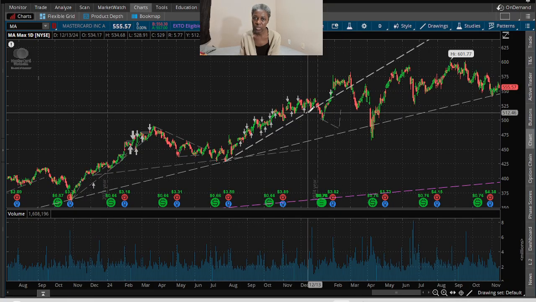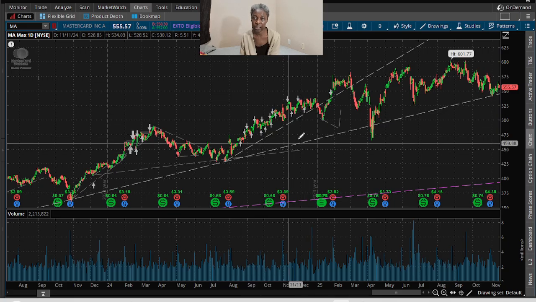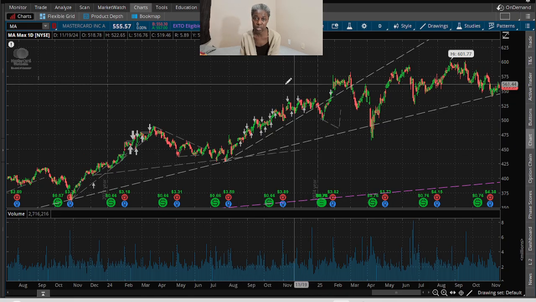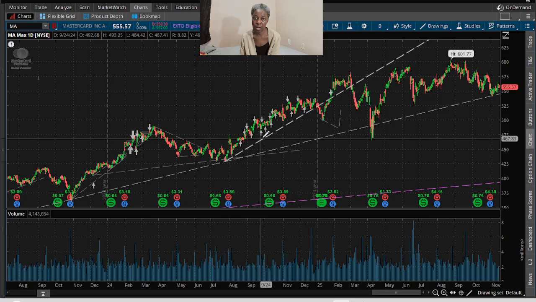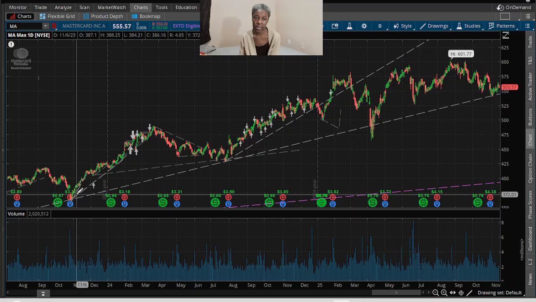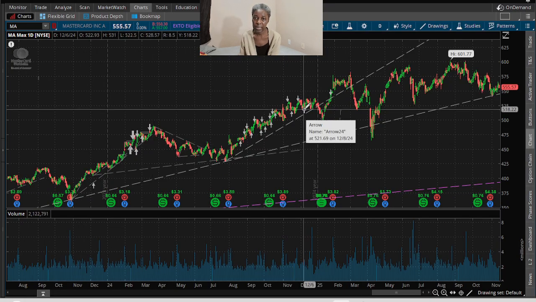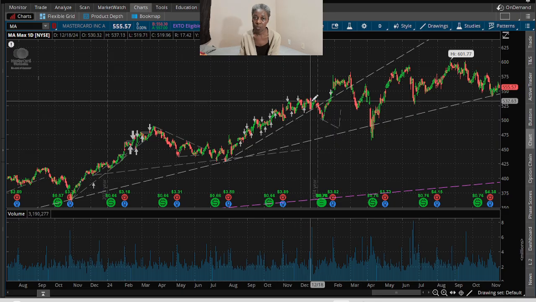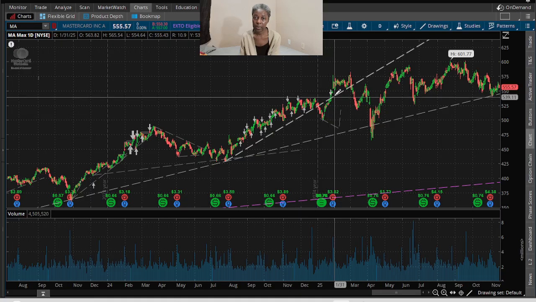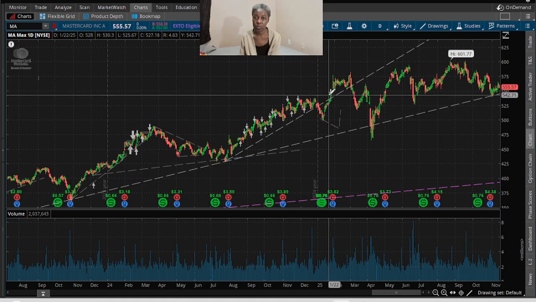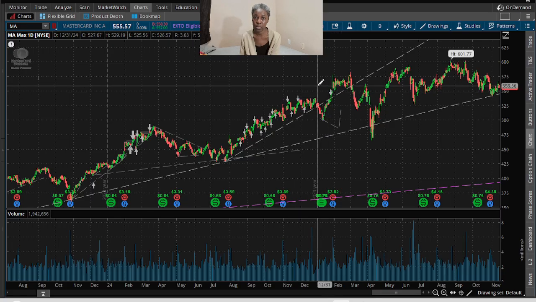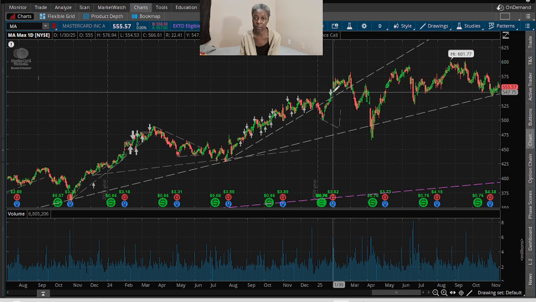So we purchased it around this support line in 2024 because we were trading using a short option and swing trading strategy and traded around this support line, just like the way we did it around this one. And we bought it again there. It went up a little bit and pulled back, and we sold it in 2025. This is the end of 2024 and the beginning of 2025.